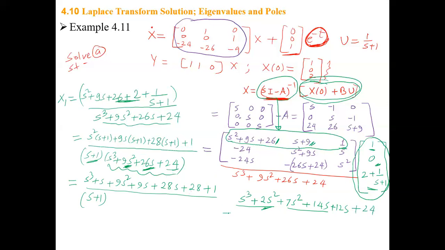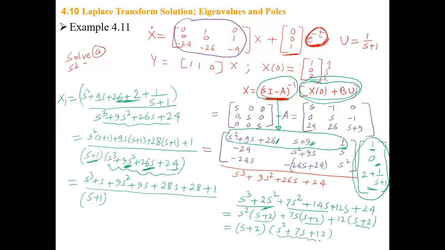Okay, so what do you get from here? You get s squared, s plus 2, plus 7s, s plus 2, plus 12, s plus 2. So what is the factor here? S plus 2, then you can factor out s plus 2. Then what are you left with? S squared plus 7s plus 12.